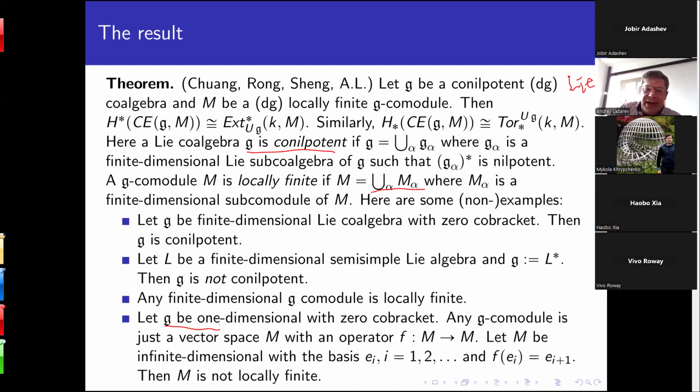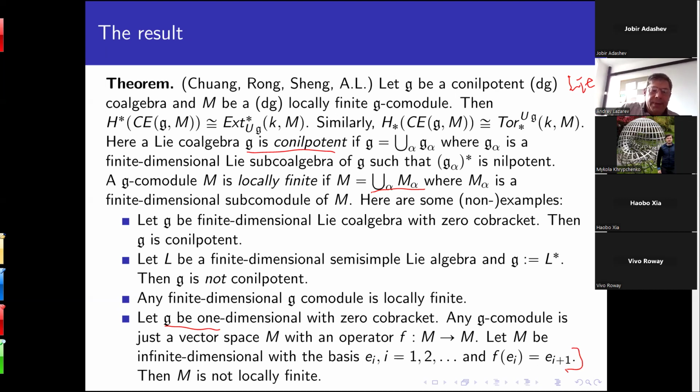So any vector space M with an operator F on it is a comodule over this trivial Lie coalgebra. Now let M be infinite dimensional with the basis E1, E2, etc., and the endomorphism takes Ei into Ei+1.